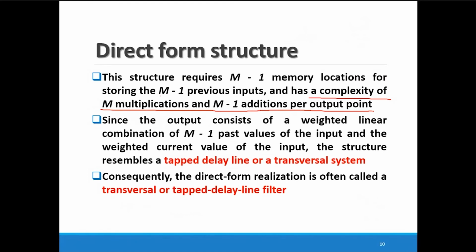So this structure is also called a transversal or tapped delay line filter. Sometimes in your exam it will be given: implement the following structure using a transversal or tapped delay line filter. The meaning is simple: you have to implement that equation with the direct form realization, directly without any manipulation.